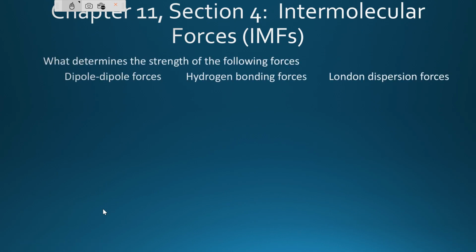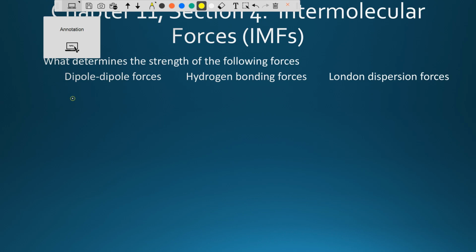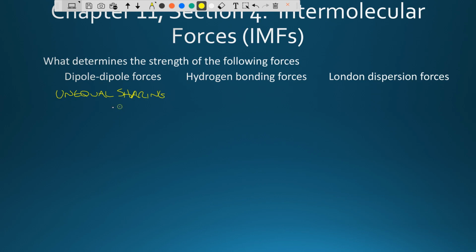Okay, what determines the strength of those forces? What's going on here? Well, what's happening with dipole-dipole forces is this is going to be the unequal sharing of electrons. Okay, they get electron heavy. So what's going to be determining the strength?